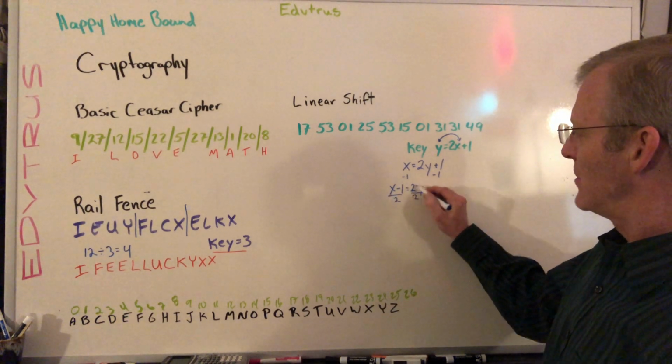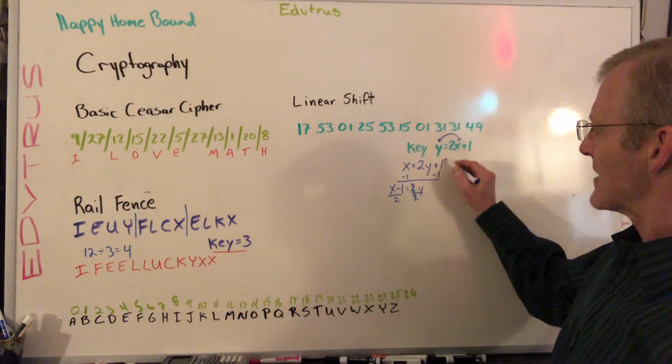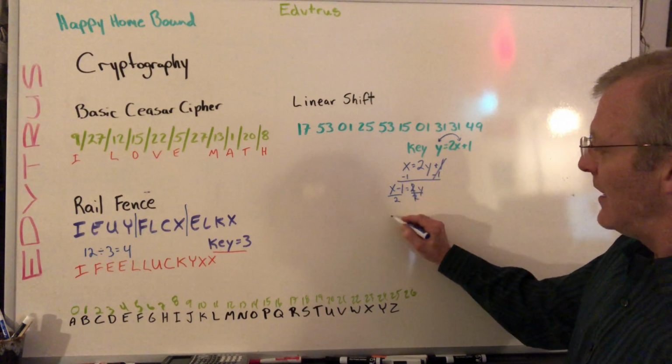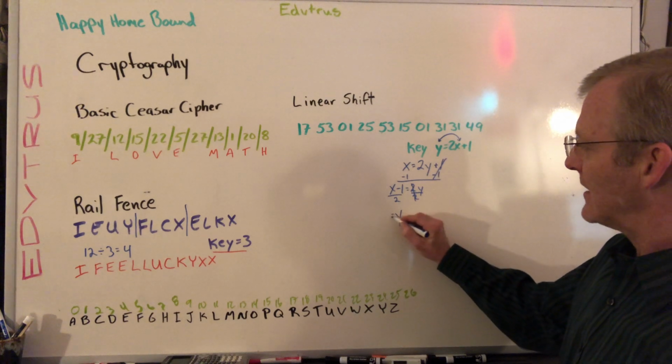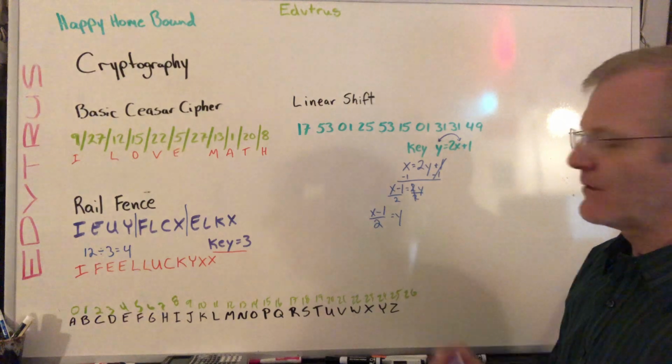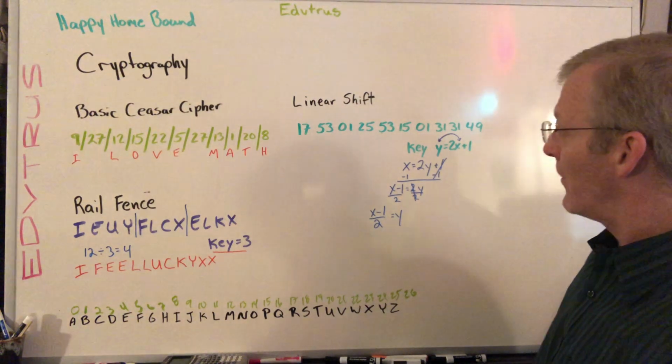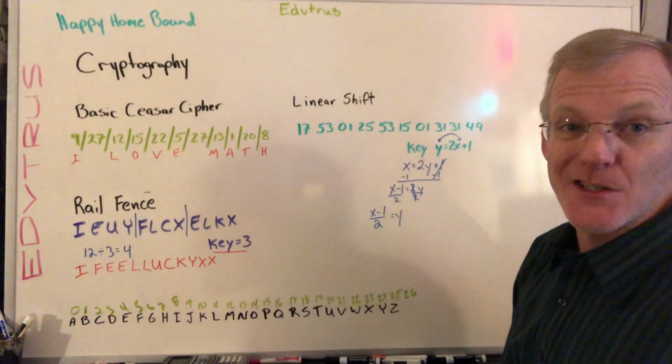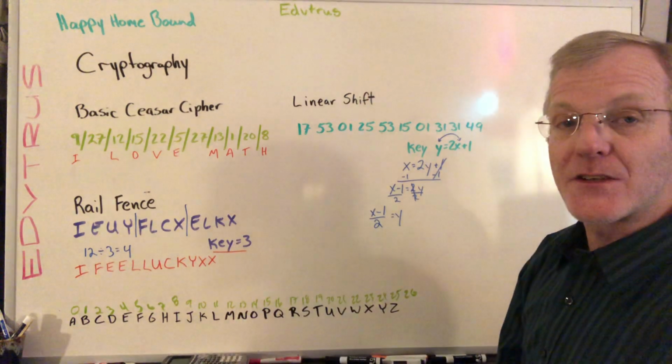Divide out the 2. Remember here, that's going to cancel. Divide out the 2, and we get y equals (x minus 1) divided by 2. So that's what we have to do to these numbers to figure out what values we actually get.